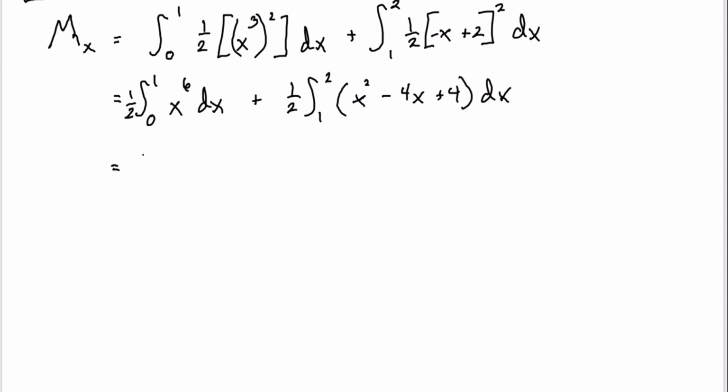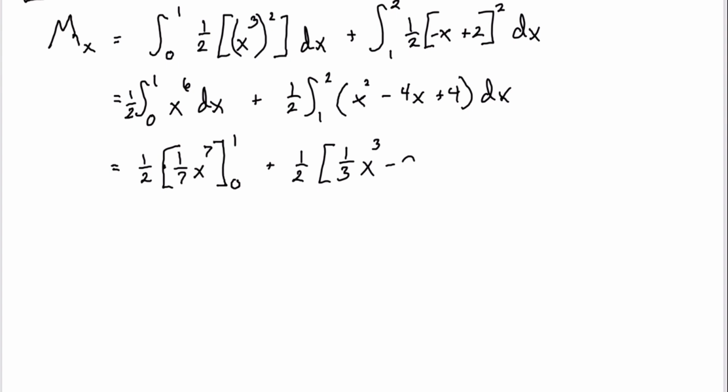Now integrating, we have 1/2 times 1/7 x to the 7th. That first part is evaluated from 0 to 1, plus 1/2 times 1/3 x cubed minus 2x squared plus 4x. And this part is evaluated from 1 to 2. Next, we'll go through and plug in those upper and lower limits.